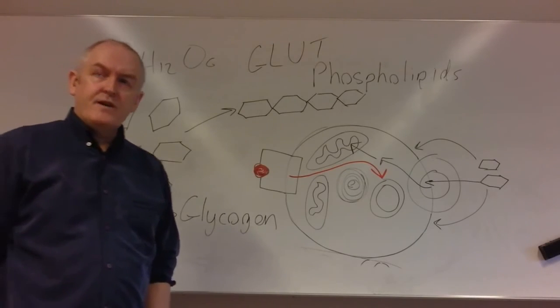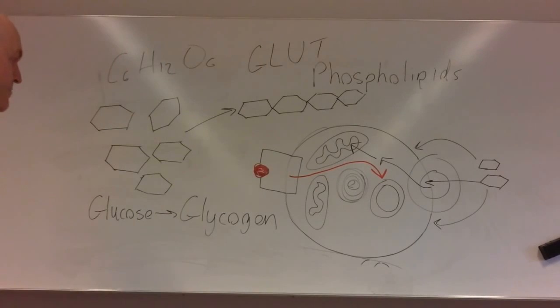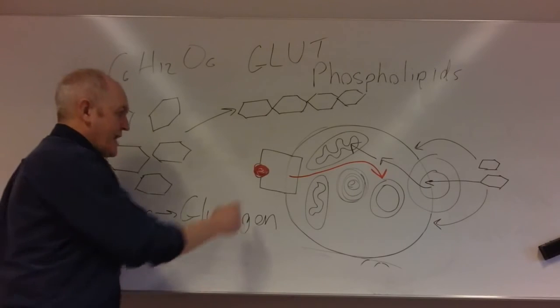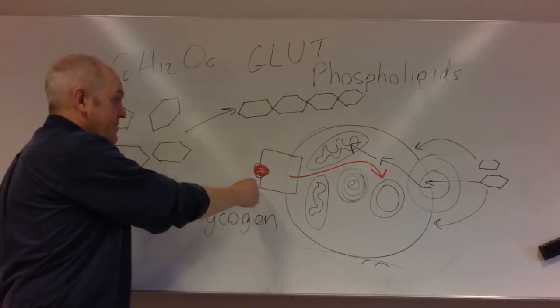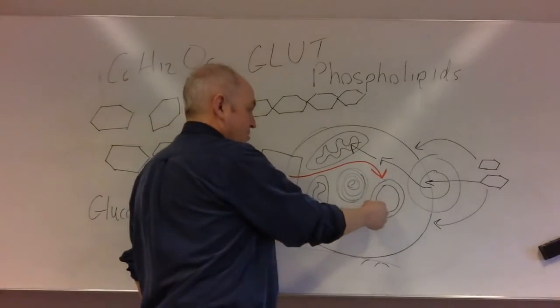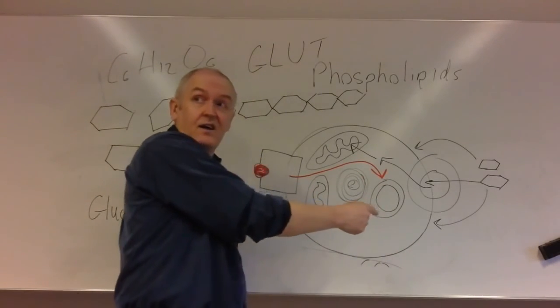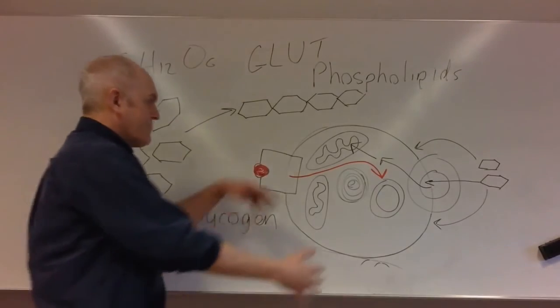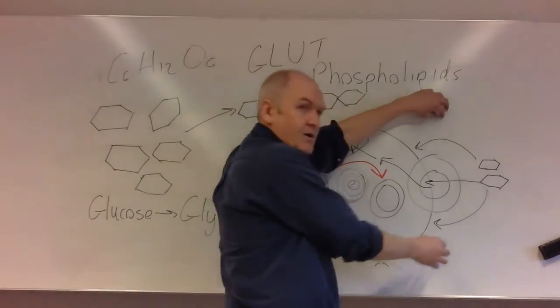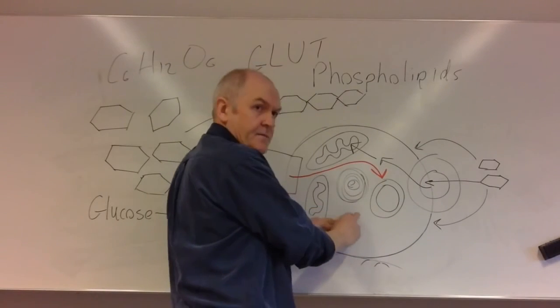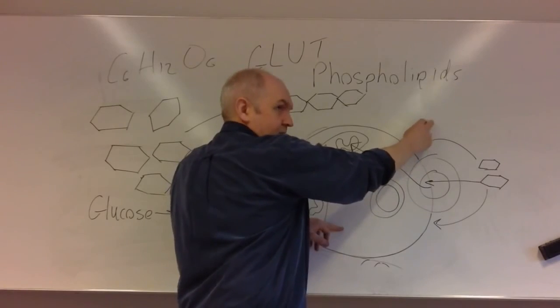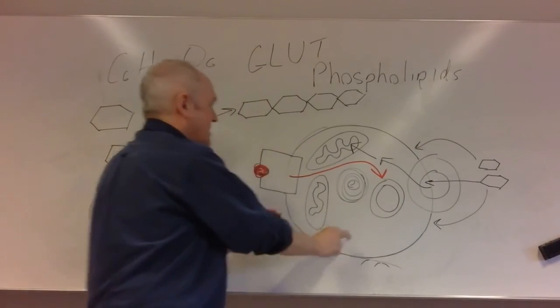This is the great irony in diabetes. In diabetes, type 1 anyway, when you don't have the insulin, you've got these glucose transporter molecules inside the cell doing nothing. You've got massive glucose outside, great hyperglycemia outside, but no glucose inside.